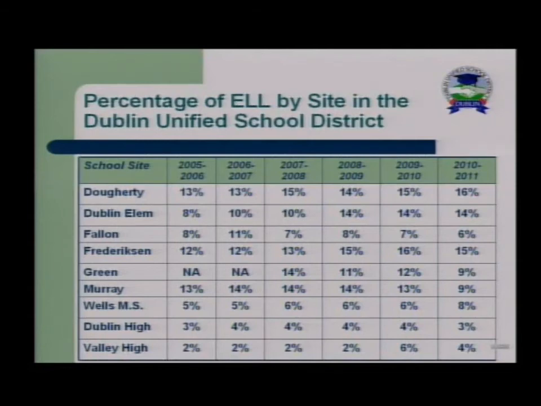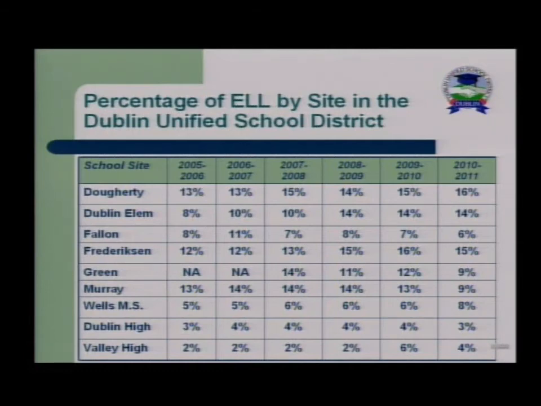Here's a nice slide indicating the progression of ELL students in the district. If you look from left to right, it details the constancy of the ELD population pretty much in any one site.